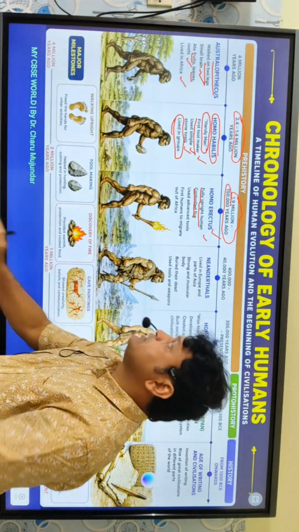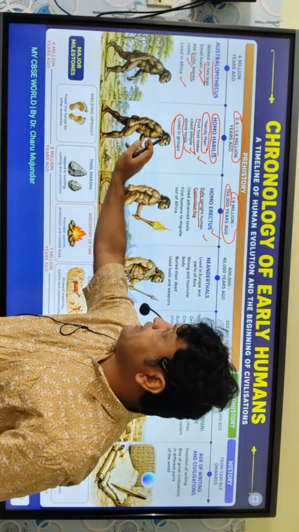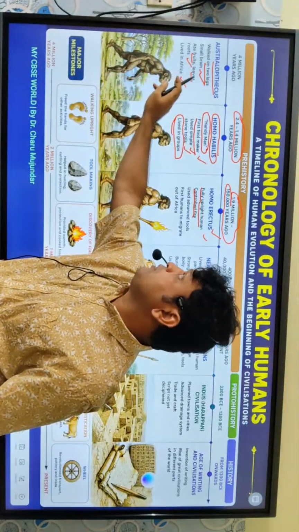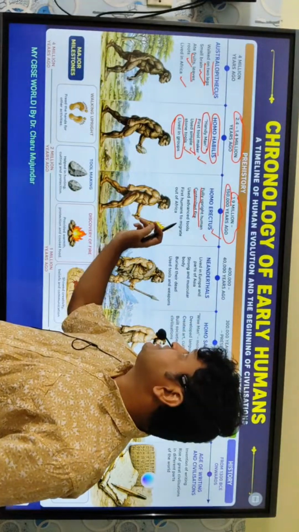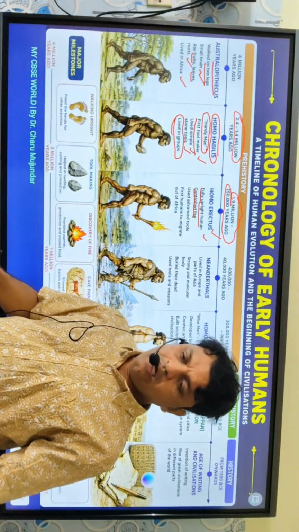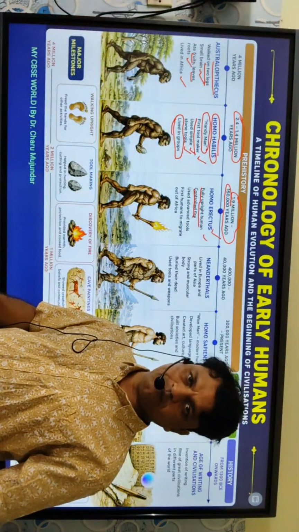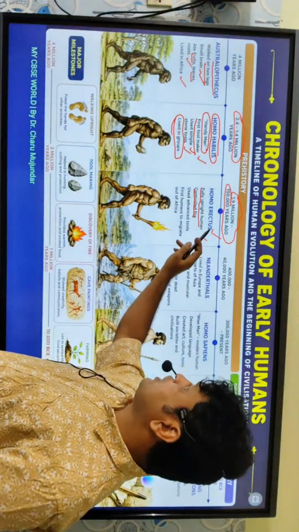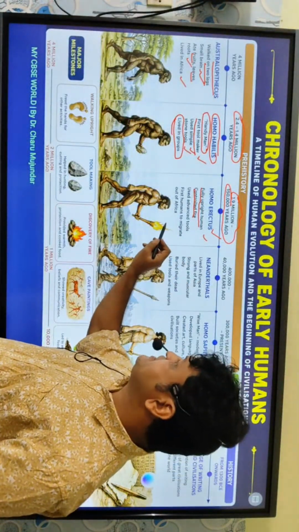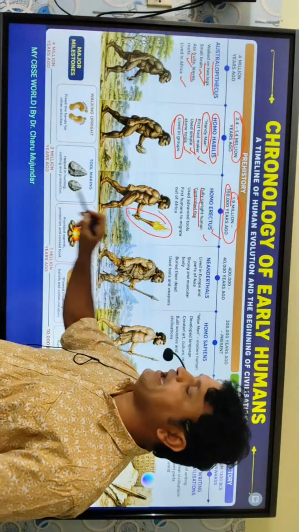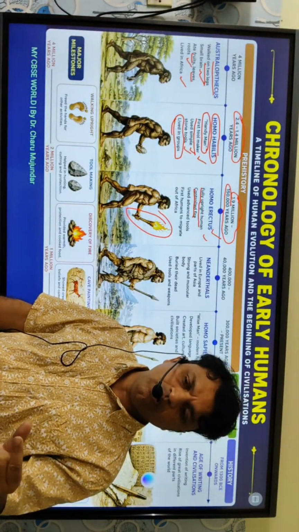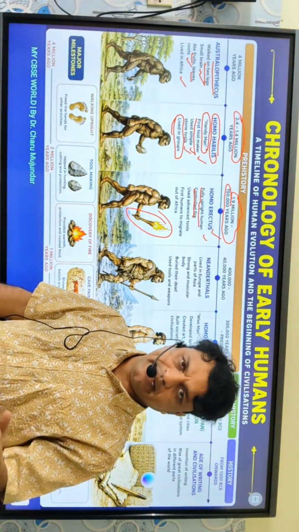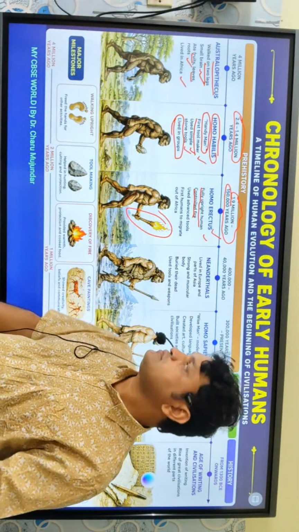Now see this, they were bending a little. Australopithecus bent a little, and Homo habilis also bent a little. For the first time Homo erectus walked upright, like this. And they are called Homo erectus. In fact, these people invented fire. The fire was invented by Homo erectus.